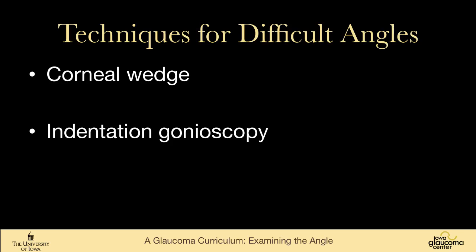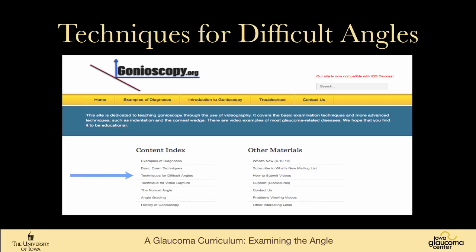And indentation gonioscopy is a way of determining whether a closed angle is due to apposition or synechia. It's also a way of identifying plateau iris syndrome. It's beyond the scope of this introductory talk, but if one goes to gonioscopy.org, there's a whole section on techniques for difficult angles, and it will cover that in great depth.